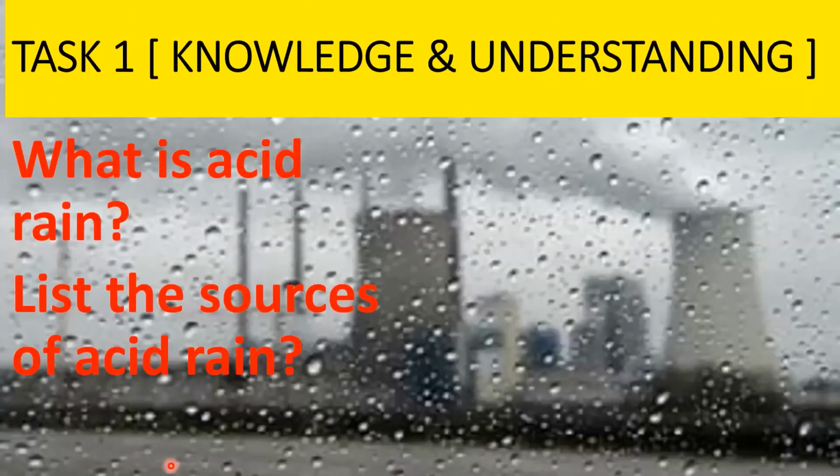Now we can see what acid rain is and what the sources of acid rain are. Acid rain is a term used to describe rainfall that has a higher acid level than the normal acid level. Places around the world are now recording pH values, the scale on which acidity is measured.